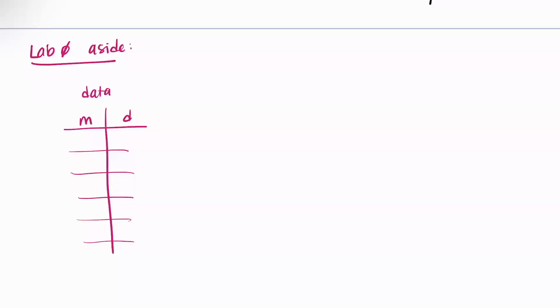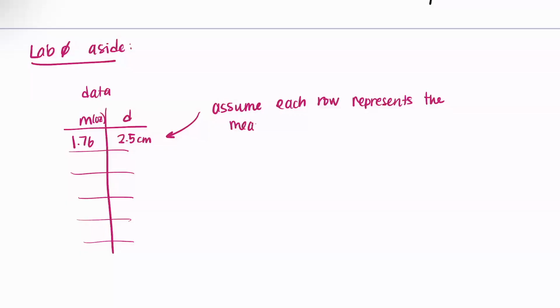So let me write that down one more time. So let's say that this is 1.76 ounces, and then this is, I can't remember what the values I gave you were, 2.5 centimeters. This is maybe wrong, but just imagine, okay? So assume each row represents the mean of taking these measurements ten times.